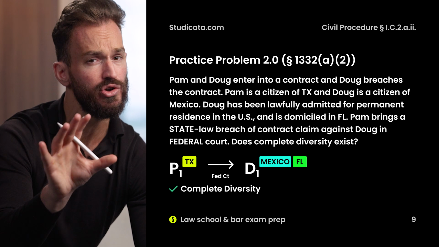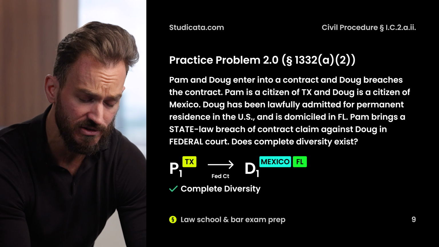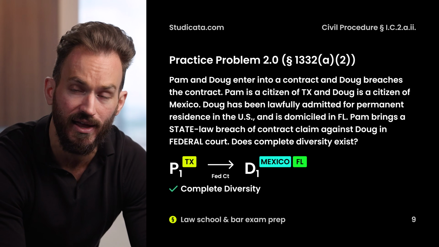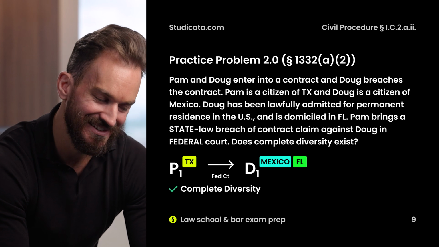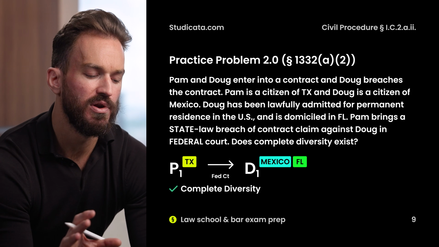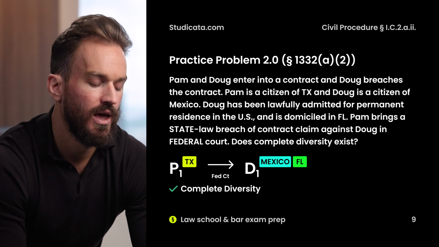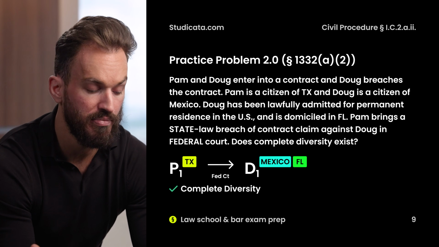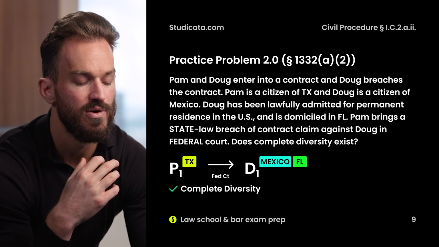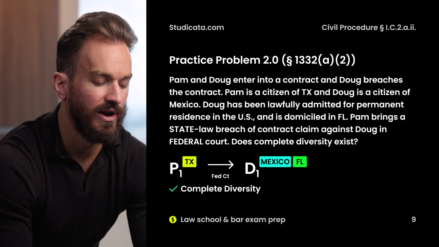The exception is triggered, but it's okay because our defendant from Mexico is domiciled in a different state than where our plaintiff is a citizen. Hopefully that makes sense. Again, lawful permanent resident status is triggered, but it's okay because our foreign party here from Mexico is domiciled in a different state than where our U.S. citizen is a citizen, in Texas.